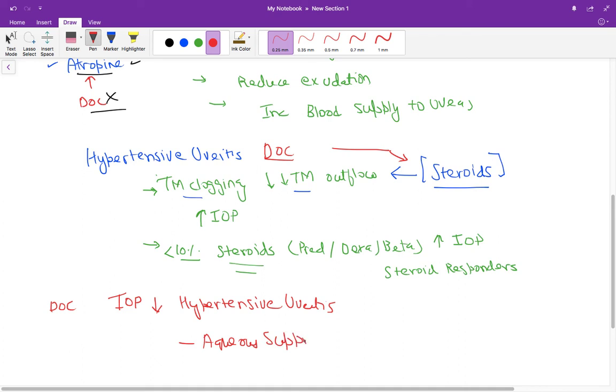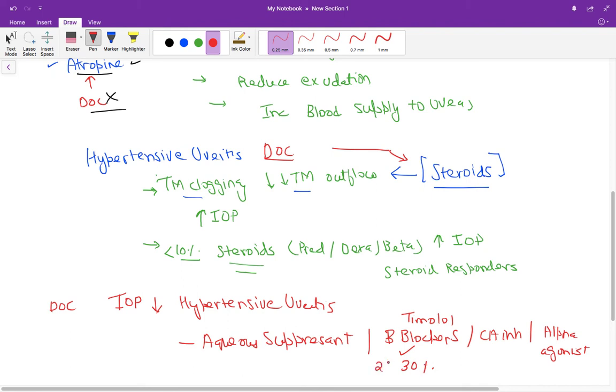Now, what are the aqueous suppressants that you can use? You can use beta blockers, CA inhibitors, or alpha agonists. Any one of them you can use, but my preference is beta blockers like timolol, because their reduction of intraocular pressure is maximum, almost 25 to 30%.